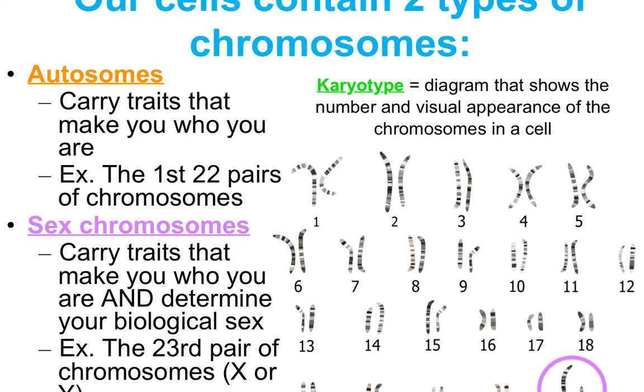If I was going to peer inside one of your diploid cells, this is what I would see. I would see 23 pairs of chromosomes. In these 23 pairs, they're numbered 1 through 23. You got one of those from mom, we'll just say that's mom's, and one of them from dad.